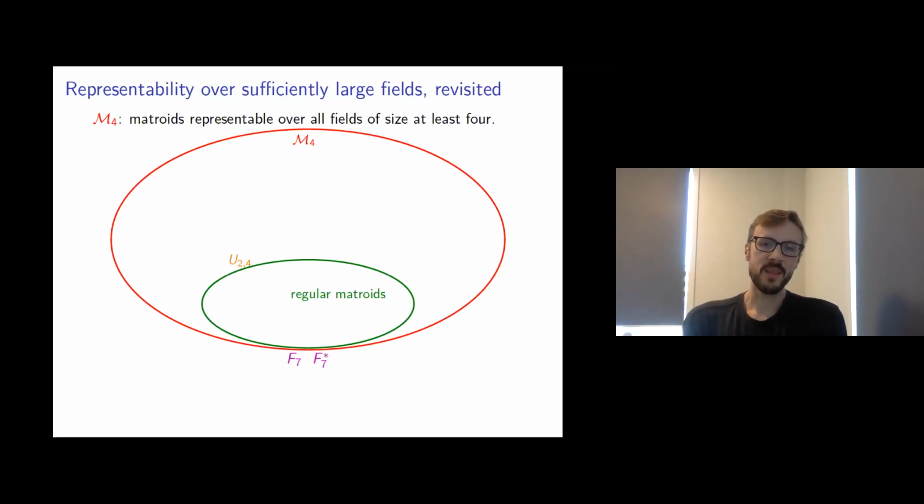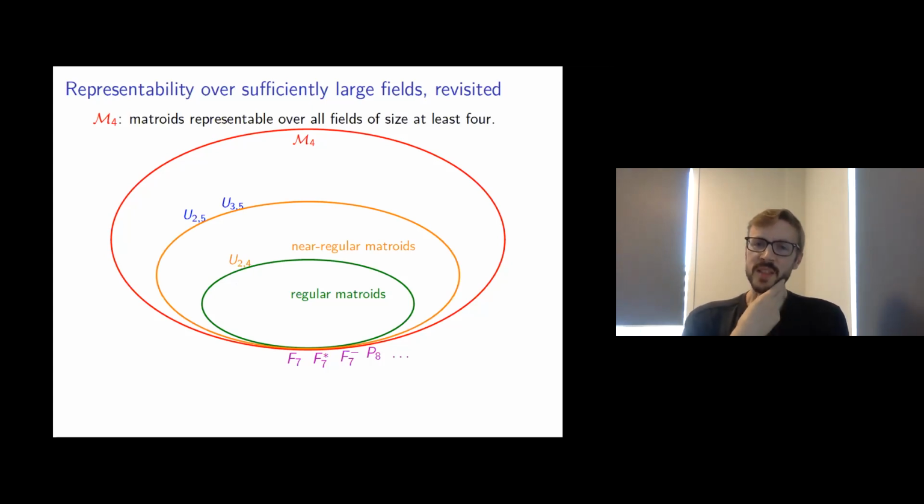And so to understand near-regular matroids, all you need to worry about is the matroids that have one of those as a minor. Similarly, to understand this class that I'm calling M4, all that we really need to worry about is matroids that have as a minor one of these excluded minors for near-regular matroids. So this is just U_{2,5} and U_{3,5}. All of the other excluded minors for near-regular matroids that are not representable over all fields of size at least 4 will just carry over and also be excluded minors for M4.